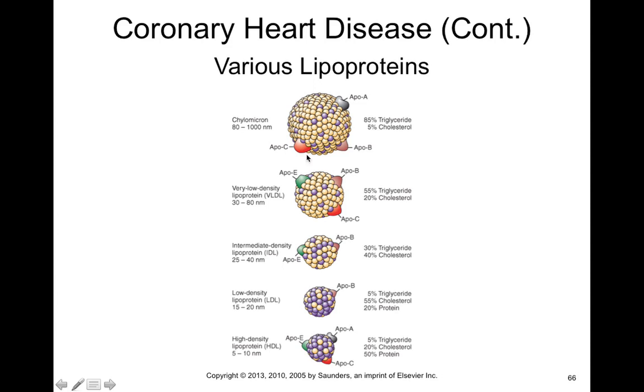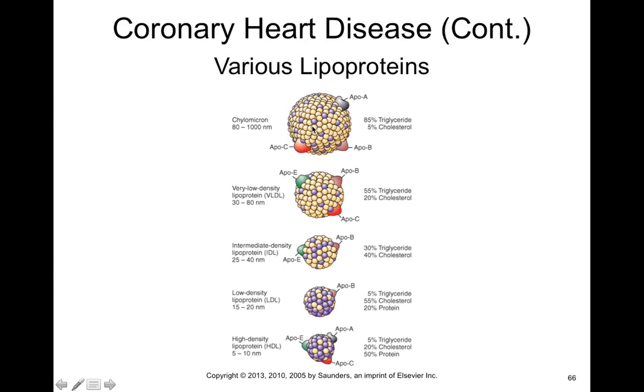So what we see on this slide is the different types of lipoproteins that your body can create. We have chylomicrons, which, if you all remember going back to the digestive system, this is how lipids are first absorbed into your lymphatic system in that form. And these are more of a loose association of some apoproteins as well as lipids that are all bundled into this micelle structure here.